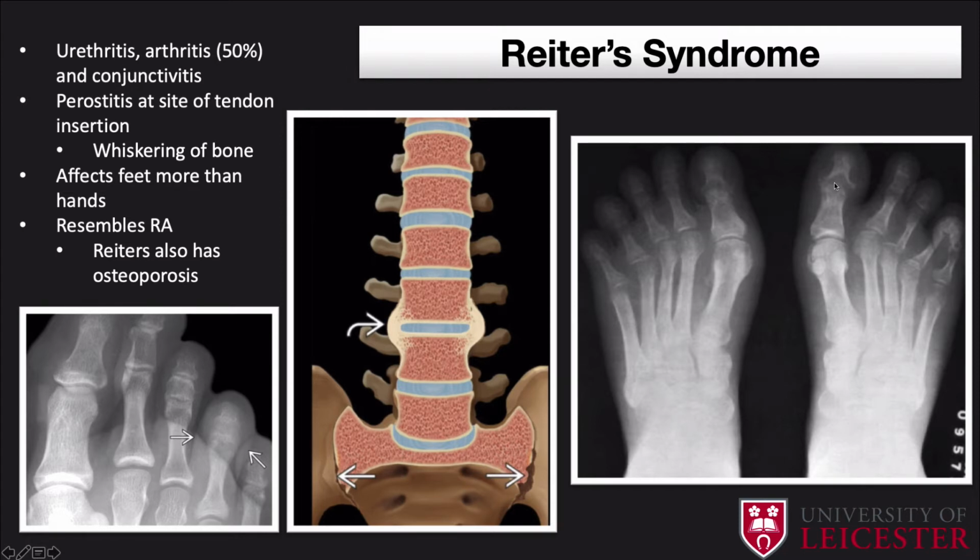So here you've got this kind of marginal erosive change, soft tissue swelling, very slight subtle demineralization, but overall bone density is quite preserved. And so all of these radiographs point in the right direction of this being a chronic reactive arthropathy, or arthritis. You would have to think about the other symptoms such as conjunctivitis and urethritis to really make the clinical diagnosis.